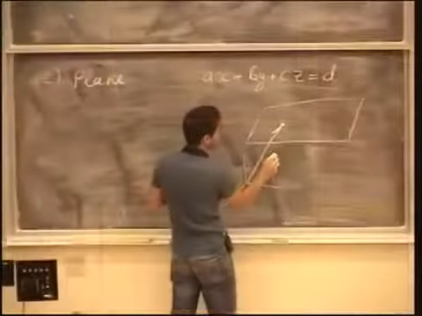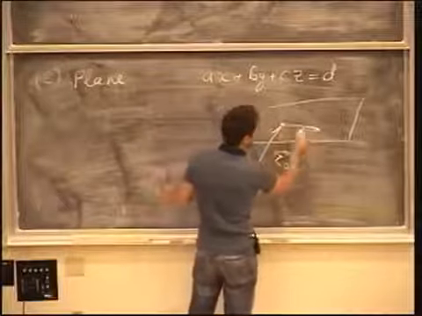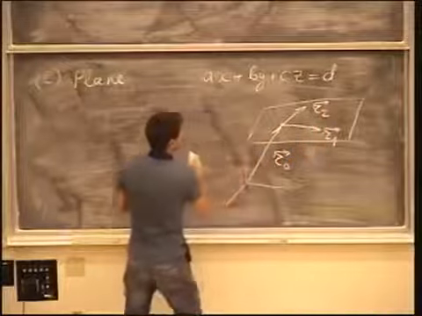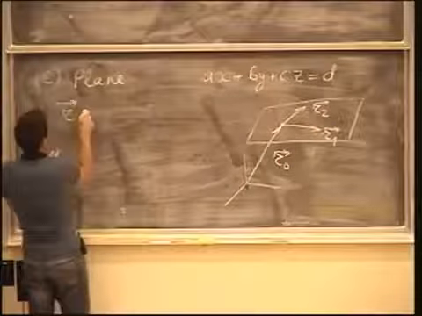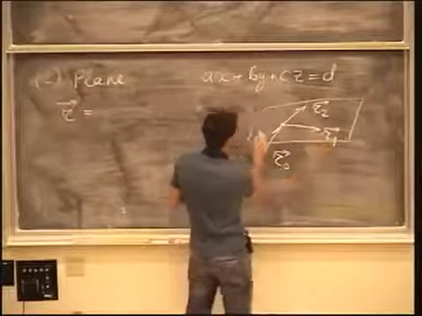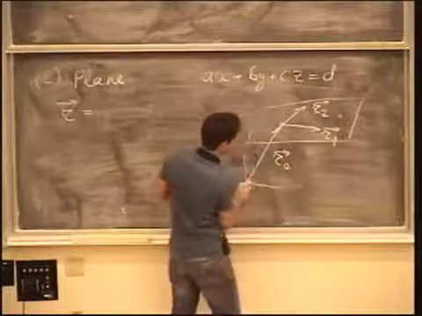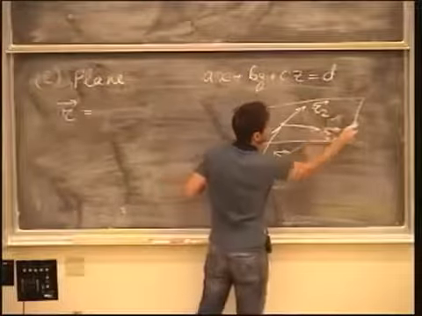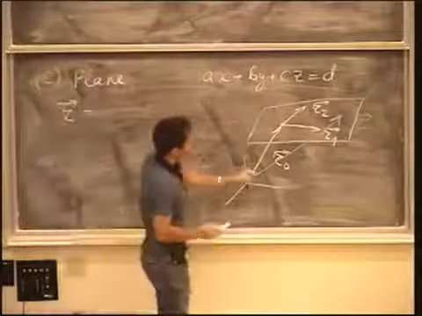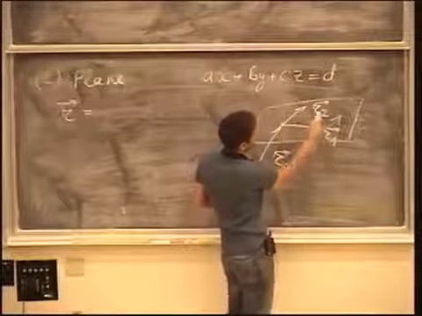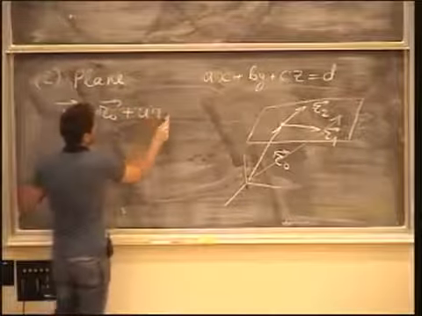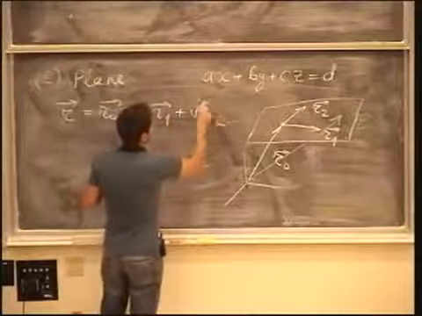This would be some vector R0, and then I would have two vectors R1 and R2. And so a general point on this plane would correspond to some vector R of u, v, and it can be found by using this one plus a superposition of R1 and R2. So it will be R0 plus u R1 plus v R2.